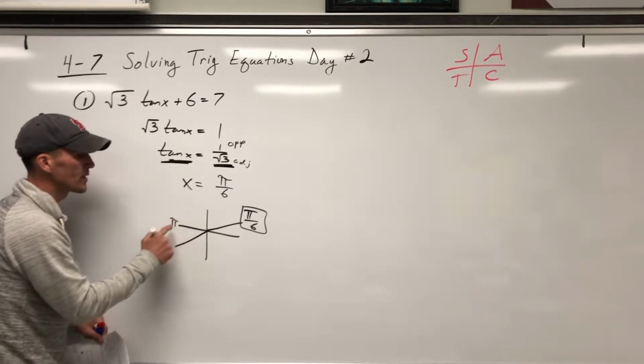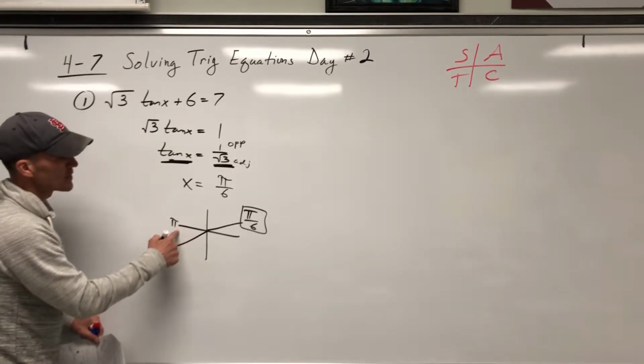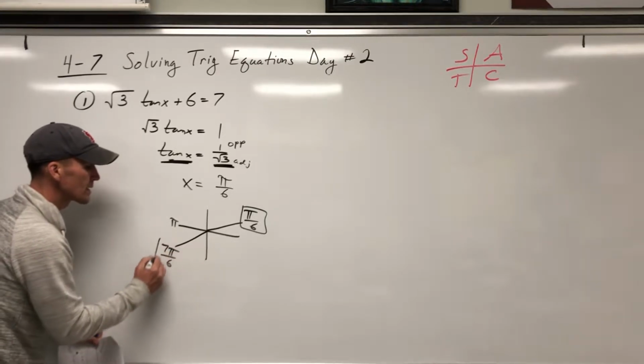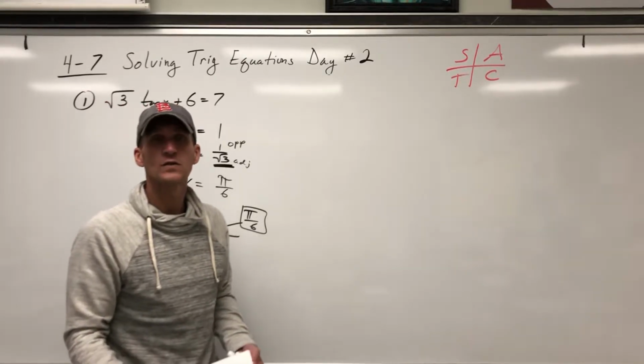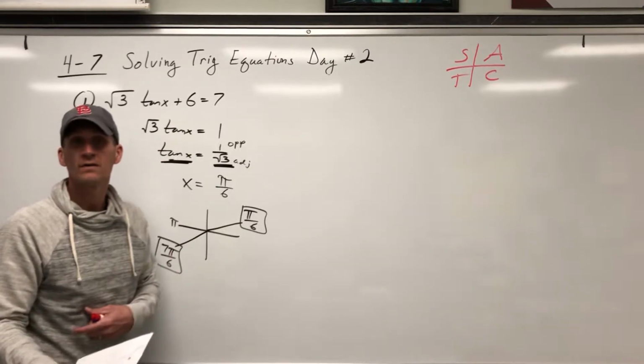Remember, your quadrantal of 180 degrees is 1 pi. So 1 pi plus 1/6 of a pi is 7 pi over 6. So just like yesterday, we're usually going to get 2 answers, but instead of degree format, we're going to try to give our answer in radian form.